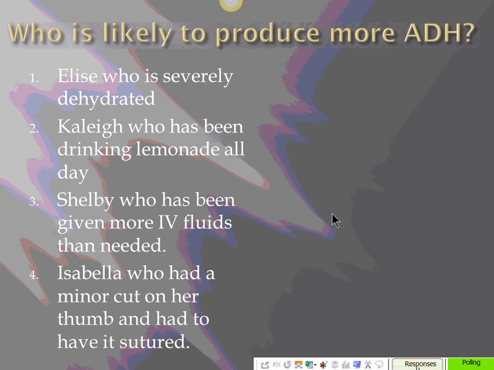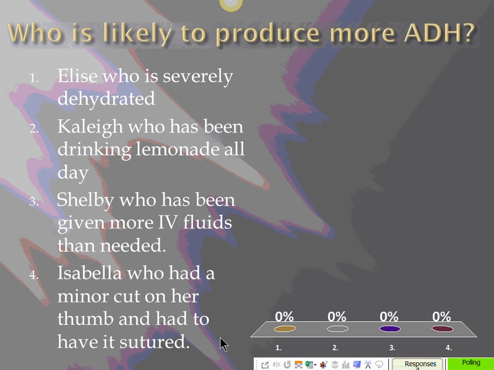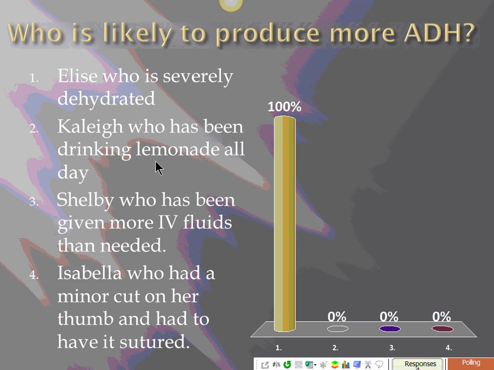And here, who is likely to produce more ADH? Very good, yes. Elise is severely dehydrated, so she needs ADH. She doesn't want more fluid to get out of her body. These two have enough fluids. And here, that's why I said she has a minor cut. So she hasn't bled too much. Her blood volume hasn't been lost much. So she wouldn't really be producing ADH.